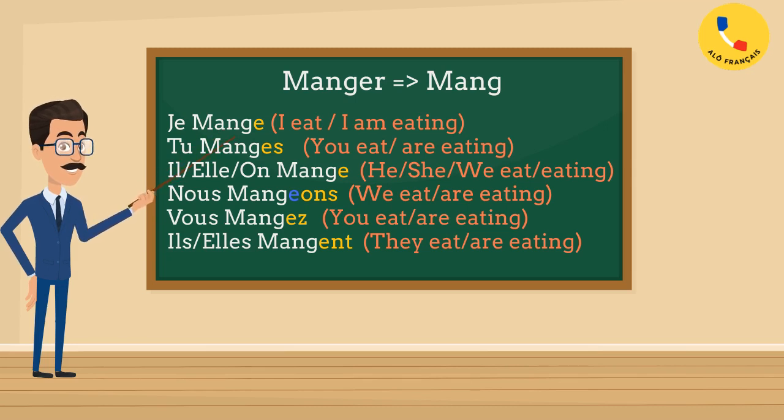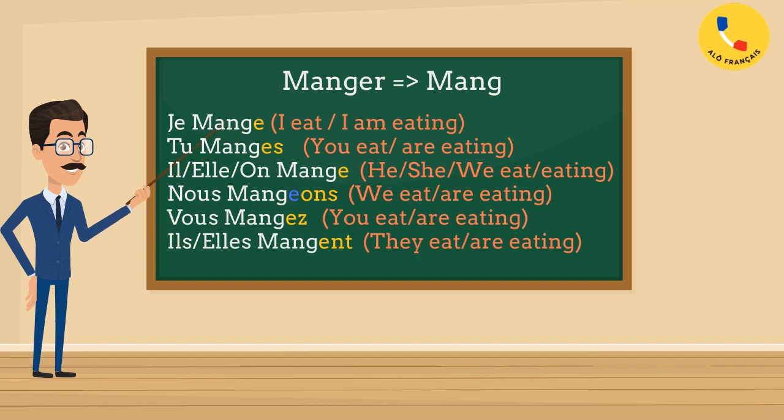Now let us see the pronunciation of this GER conjugated manger verb. So now we can see this: je mange, tu manges, il mange, elle mange, on mange. Let's say if we don't put the extra E, which is in the blue color, what would be the pronunciation?